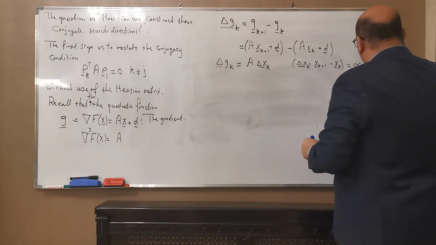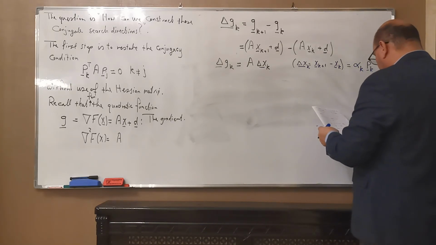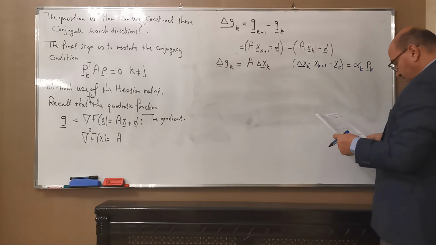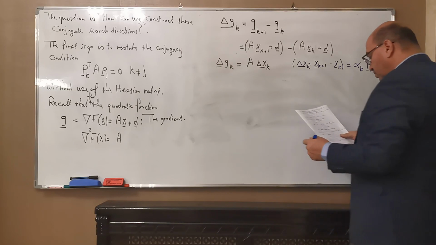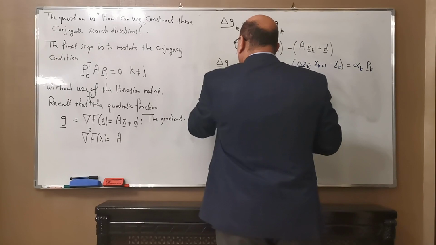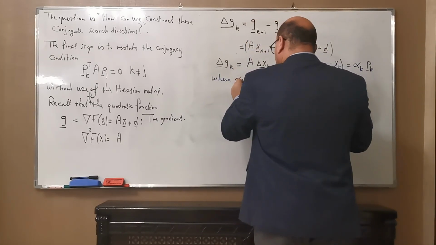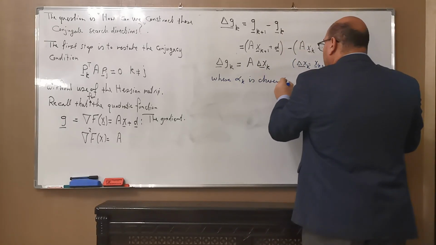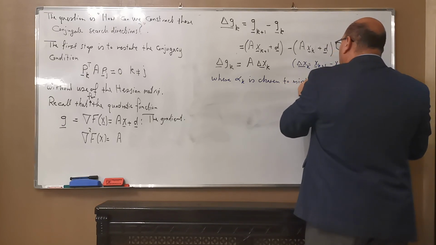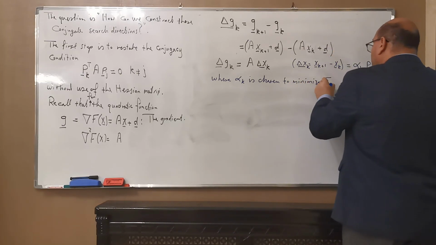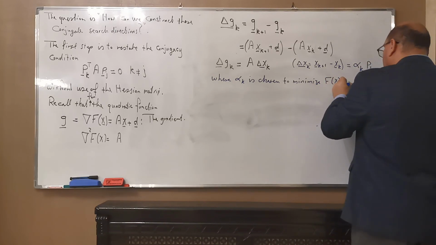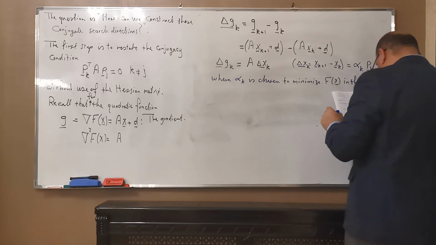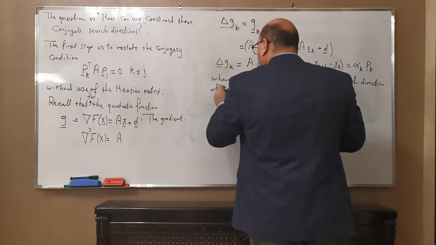It is equal to alpha, the step size, times the search direction, a vector in the search direction, where alpha k is chosen to minimize f of x in the direction of p sub k.